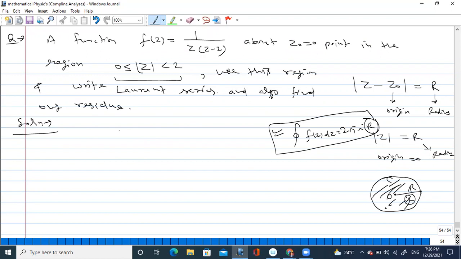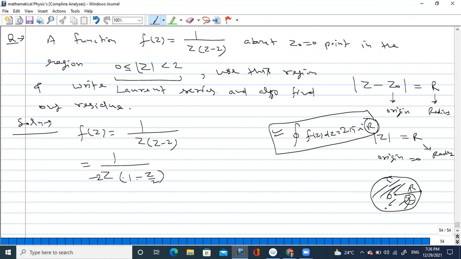Okay, so how to solve this problem? By the binomial method. You have to check whether we can apply the binomial method or not. So that will be easy. So this I can write like this: 1 upon z into, take minus 2 common here, 1 minus z by 2.